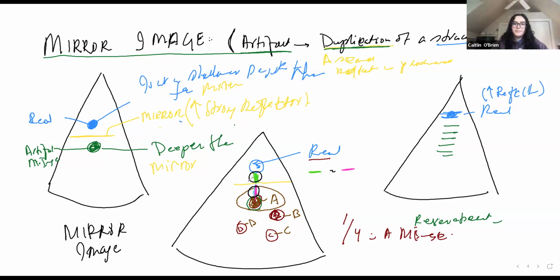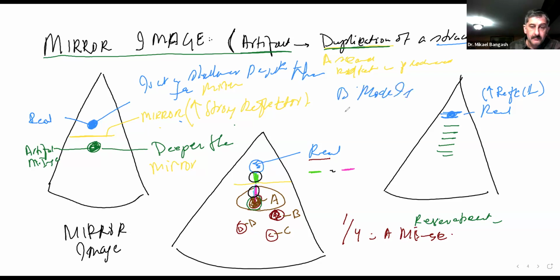Yeah. Good. Now this was pretty much what your mirror image may look like on a regular B-mode image, or as your book says, grayscale image.